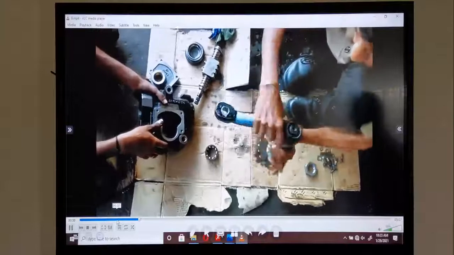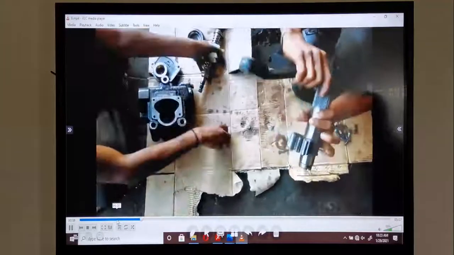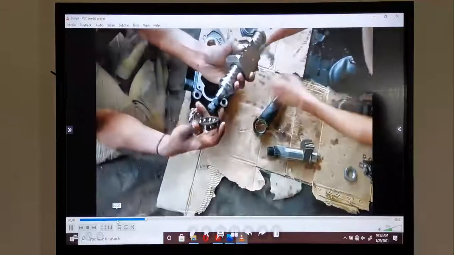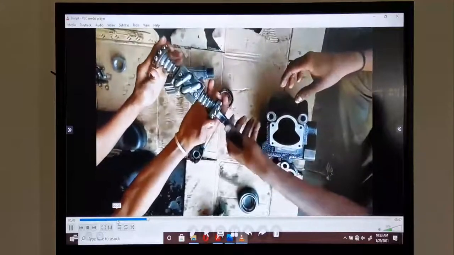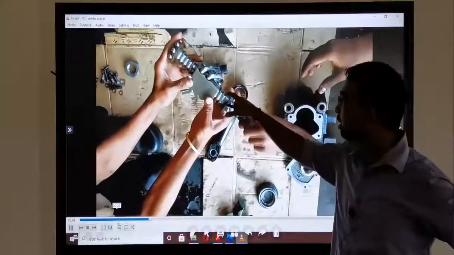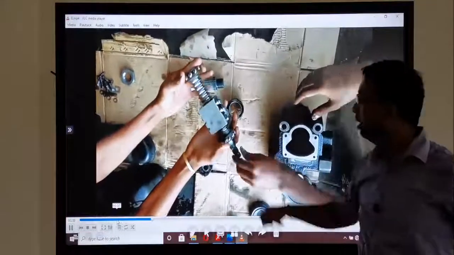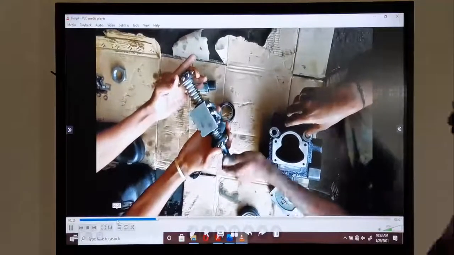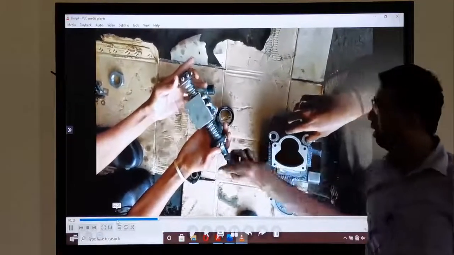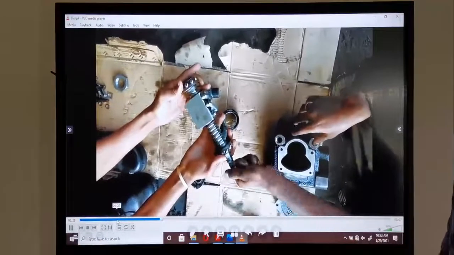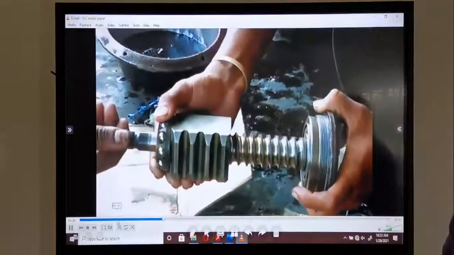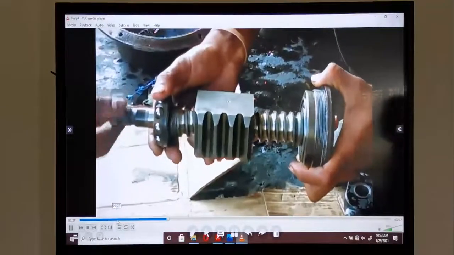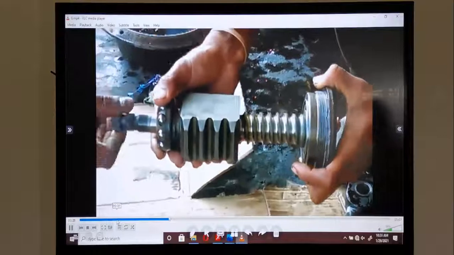These are the bearings, so because of these bearings this shaft is fixed firm. Now you can see how the ball nut drag moves.